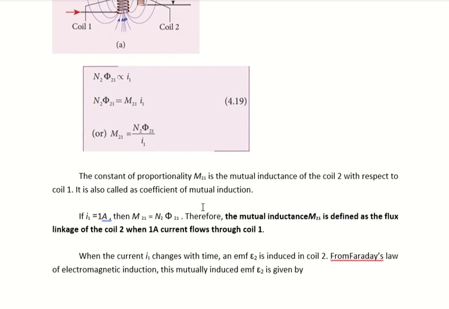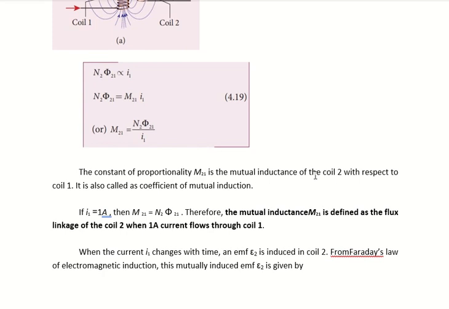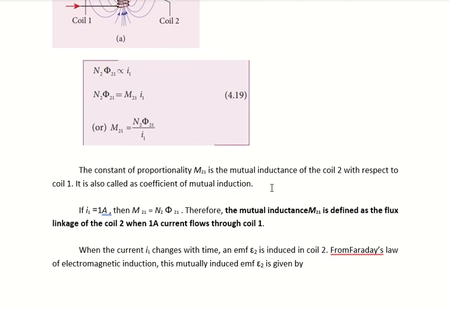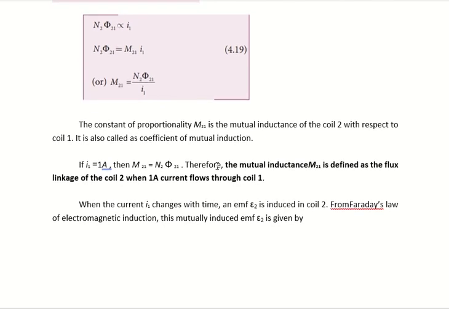This constant of proportionality M21 is the mutual inductance of coil 2 with respect to coil 1, and it is also called coefficient of mutual induction. And can you define this coefficient of mutual inductance? Suppose you pass a 1 ampere current. So what is I1? I1 equal to 1 ampere. What is M21? M21 equal to N2 into φ21.